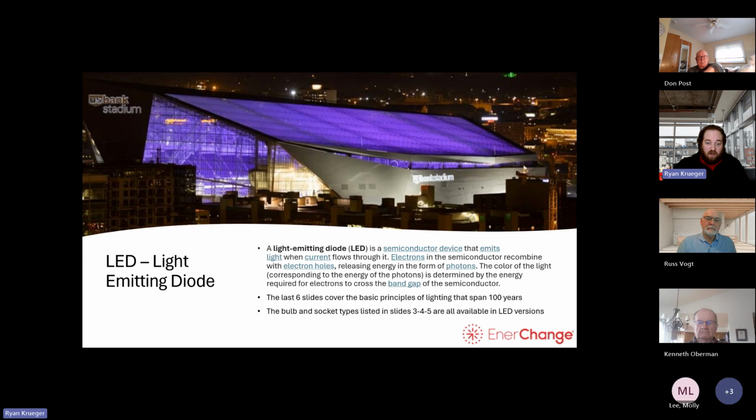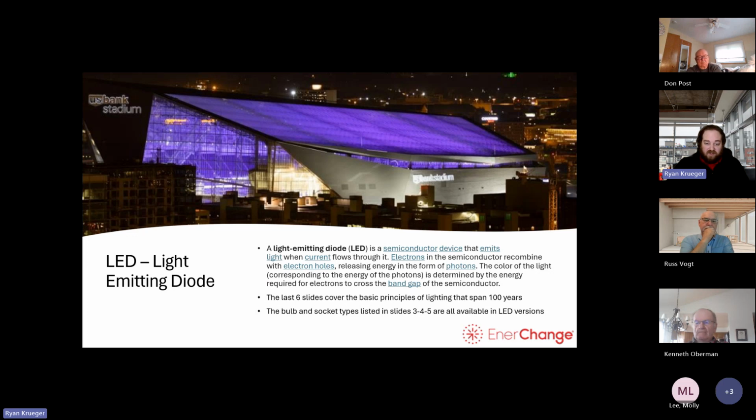The color of the light corresponding to the energy of the photons is determined by the energy required for the electrons to move the band gap of the semiconductor, which is technically a PN junction where electricity comes in, it hits the PN junction, it gets scattered, and then there's two different elements that kind of change that color. So, like to create purple, you need a specific bandwidth to cover that.